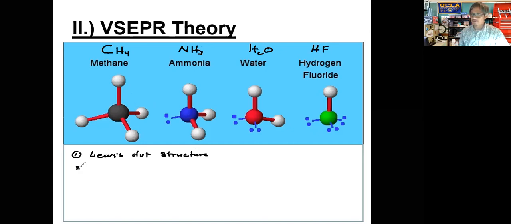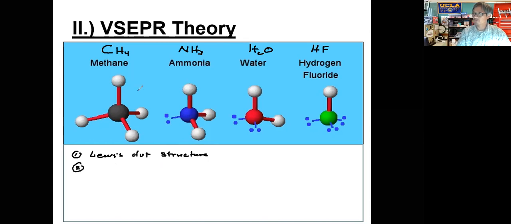Why? Because you need to use that Lewis dot structure to determine the different electron domains. You have to be able to indicate the electron domains for each one of these molecules as well. So let me write this a little bit more clearly for you.